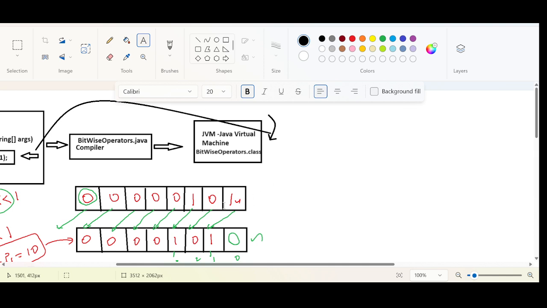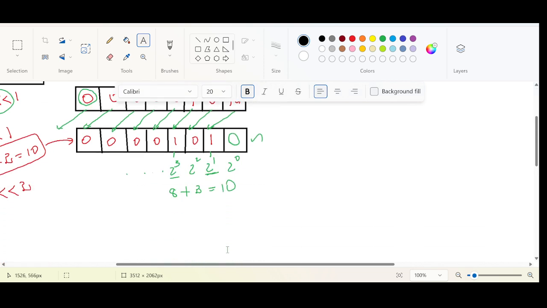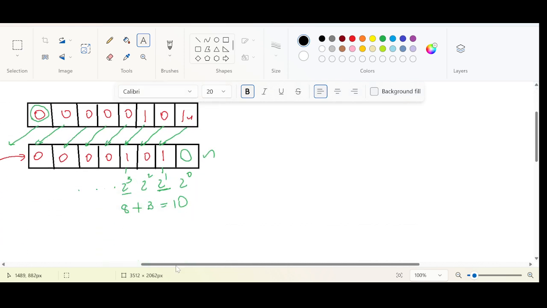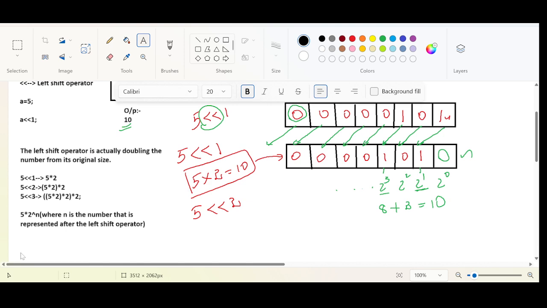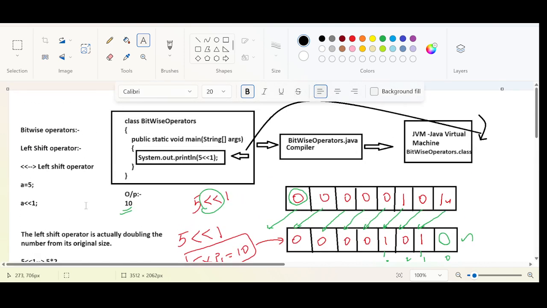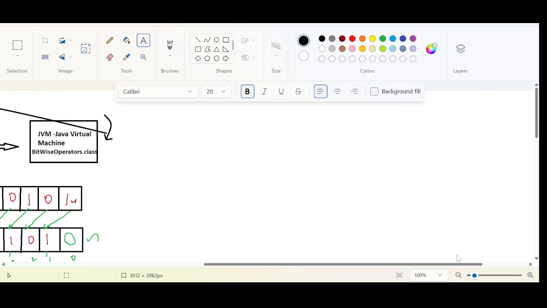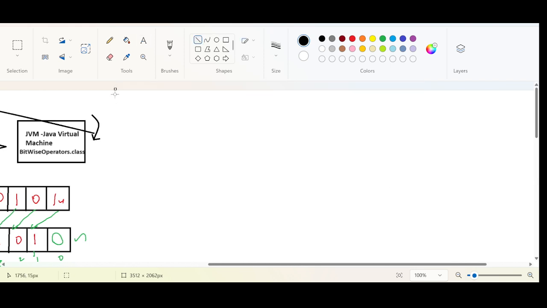You will find many areas where this topic is highly used. Please bear with me. This understanding is very important to understand the internal structure of any computer memory, not only for Java. These concepts are useful for all programming languages. Let's continue. So we have completed the left shift operator.